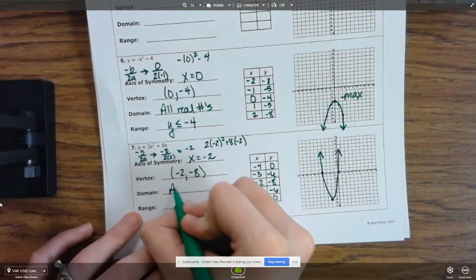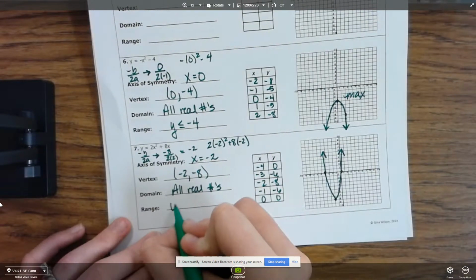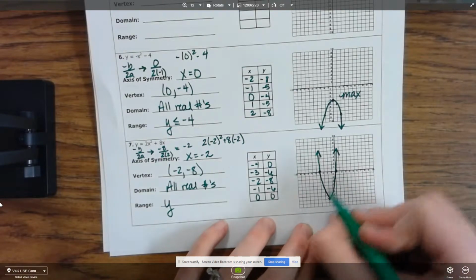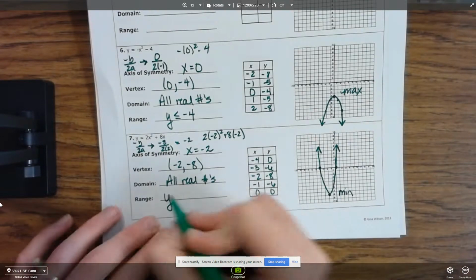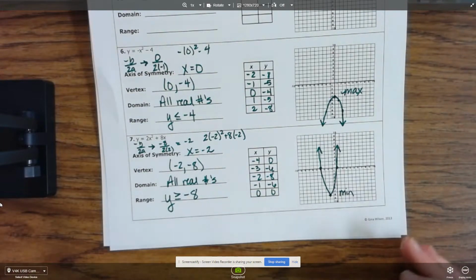My domain is all real numbers, and for my range, my vertex is my minimum here, so y has got to be greater than or equal to negative 8.